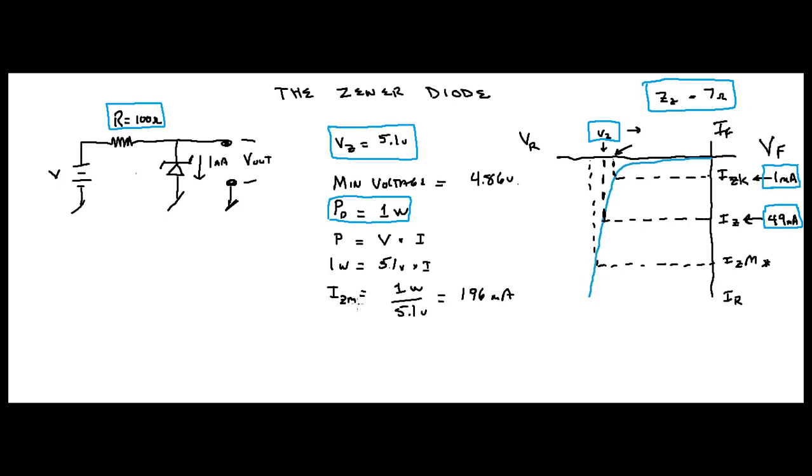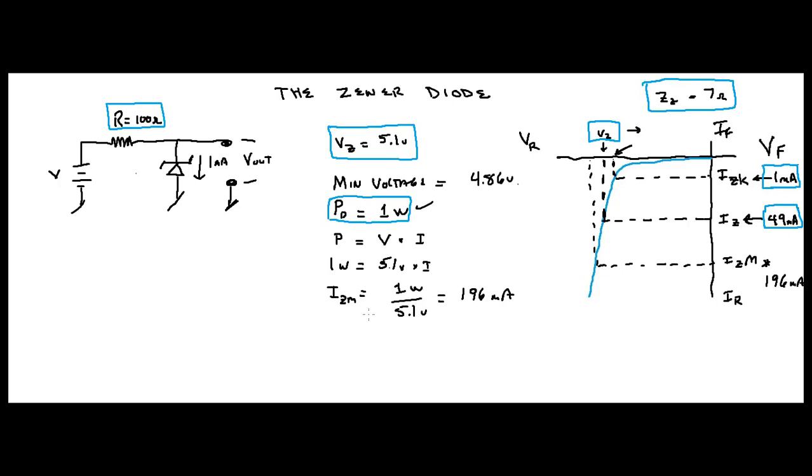Okay, so there's your IZM. We can put it over here, 196 milliamps. I'm not going to put a box around it in blue because you weren't given that. You were given this. So remember, if you were given this, you can determine what IZM is, okay?